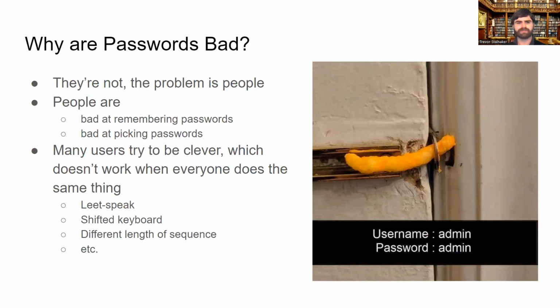Some examples of these things would be using leet speak in your passwords, which is an old internet slang for replacing A's with at signs, S's with dollar signs, O's with zeros, the common symbol substitutions. That would be leet speak. Another common thing would be keyboard shifting.